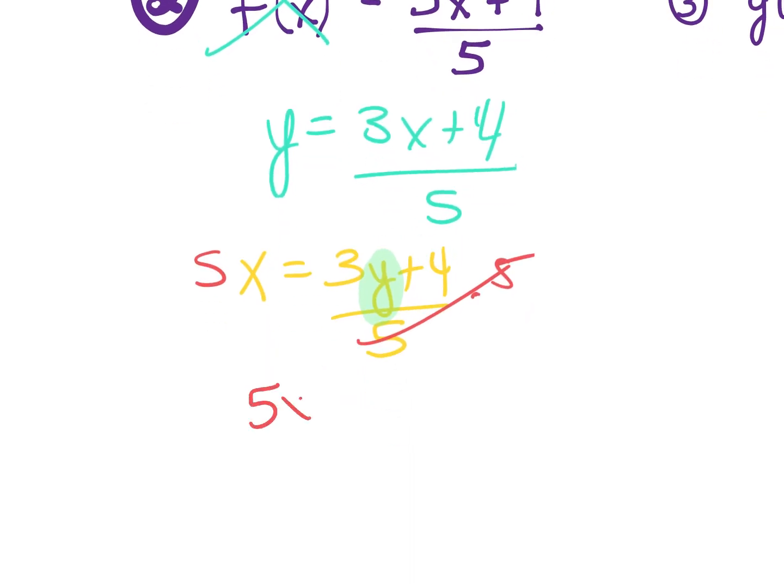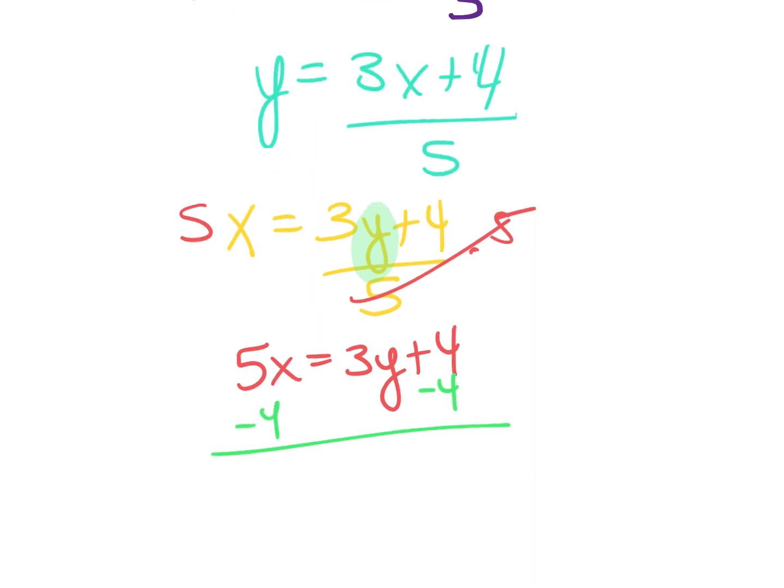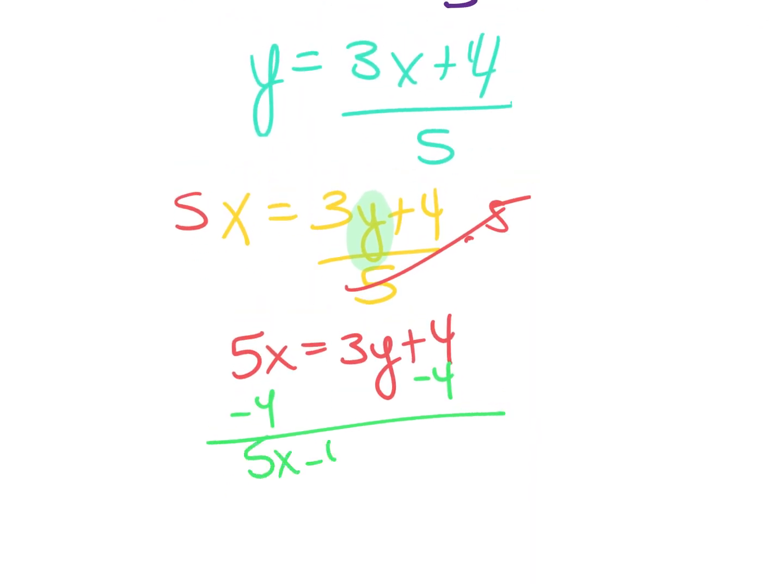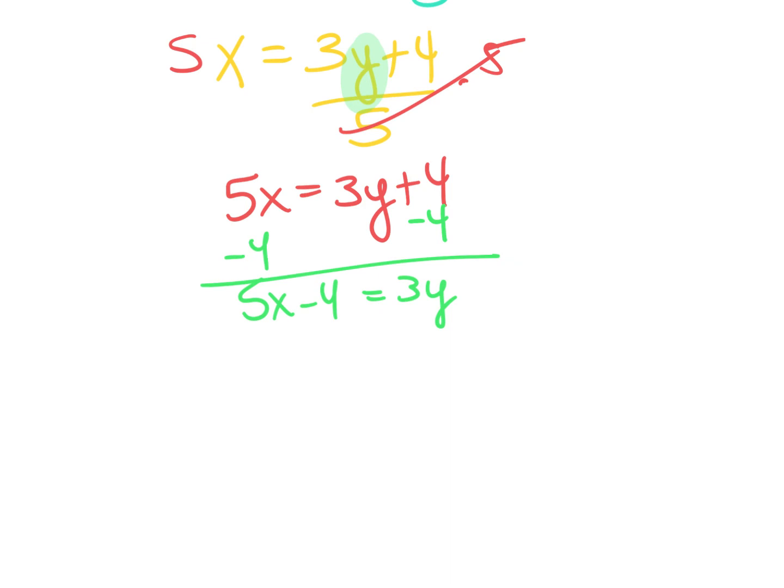So 5x equals 3y plus 4. Still solving for y. I'm going to subtract 4 from both sides. So 5x minus 4 equals 3y. And lastly, I'm going to divide by 3. So y equals 5x minus 4 over 3.